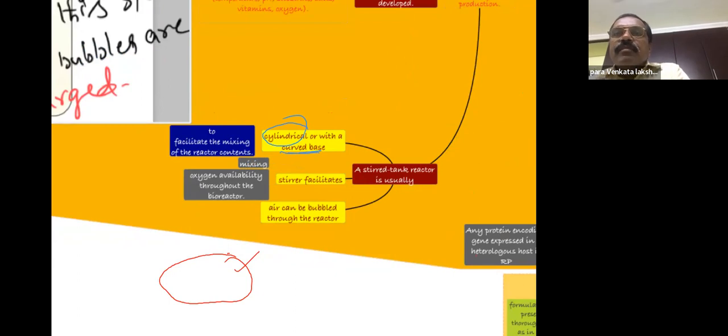For the mixing purpose. And here, what will the stirrer do? It will mix properly, so that the oxygen will be available throughout the bioreactor. That is the purpose of the stirring. And here the air can be bubbled throughout the reactor. That is the purpose of the stirred tank bioreactor. Okay.